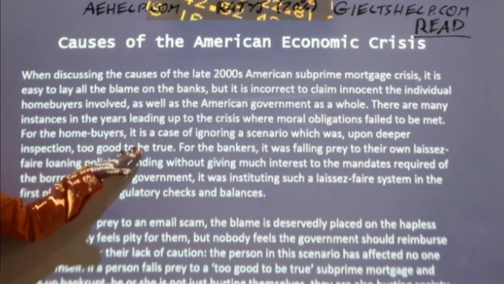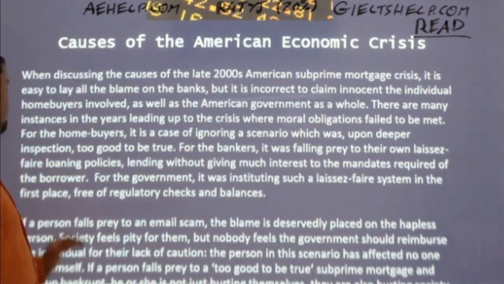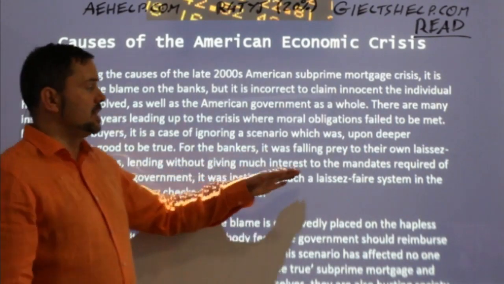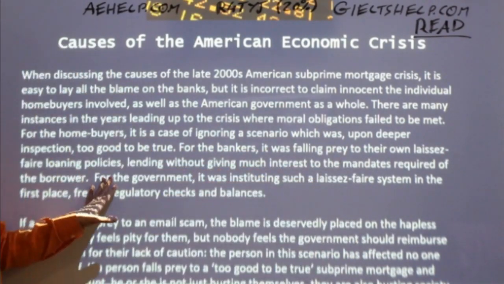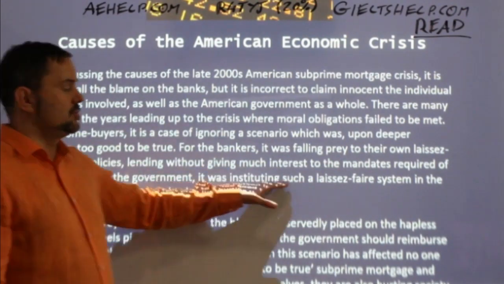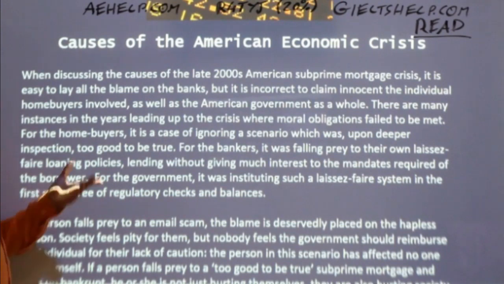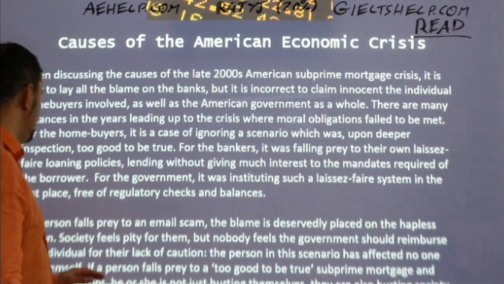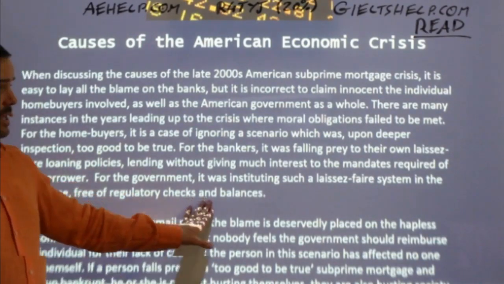For the homebuyers, it is a case of ignoring a scenario which was, upon deeper inspection, too good to be true. For the bankers, it was falling prey to their own laissez-faire loaning policies, lending without giving much interest to the mandates required of the borrower. For the government, it was instituting such a laissez-faire system in the first place, free of regulatory checks and balances.